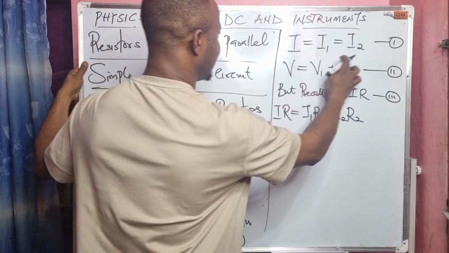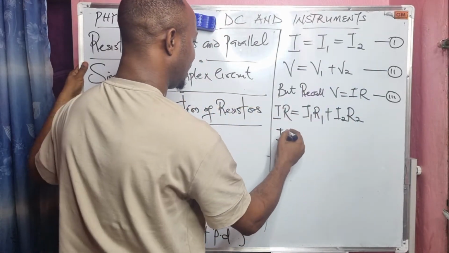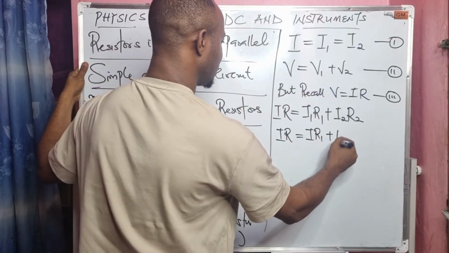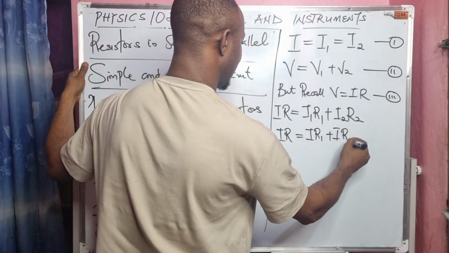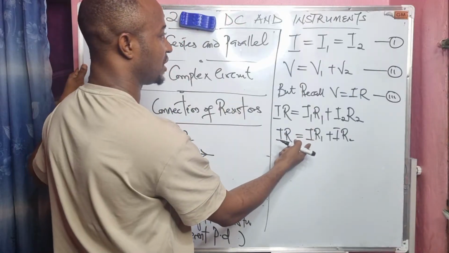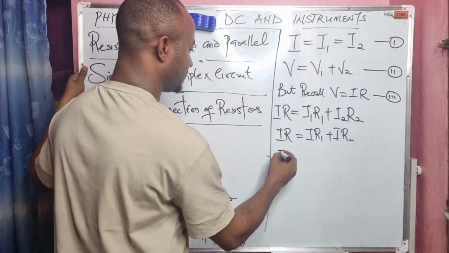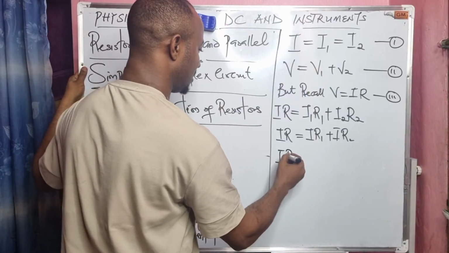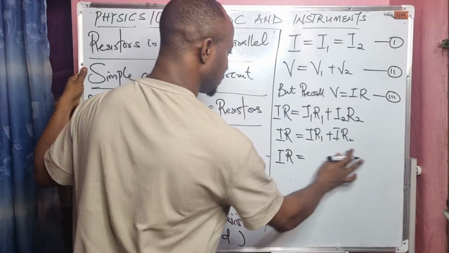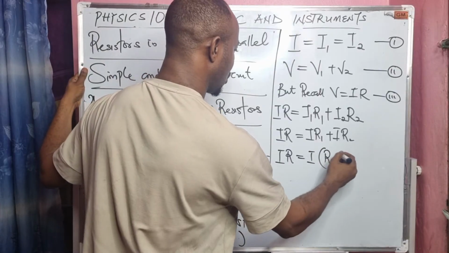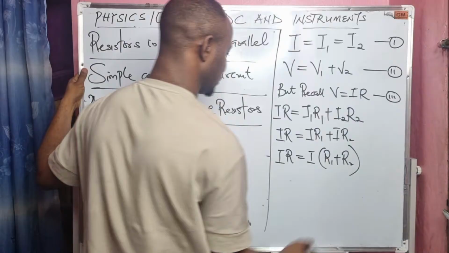Since the currents are the same, here will be IR equals I R1 plus I R2. Since we are dealing with the same current, I1 and I2 are equal to I. So here we can factorize. We have IR equals, what is common here is I, in bracket R1 plus R2.